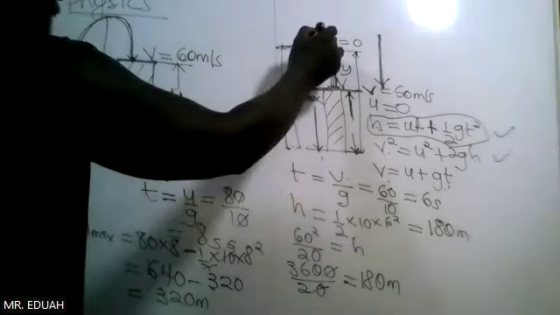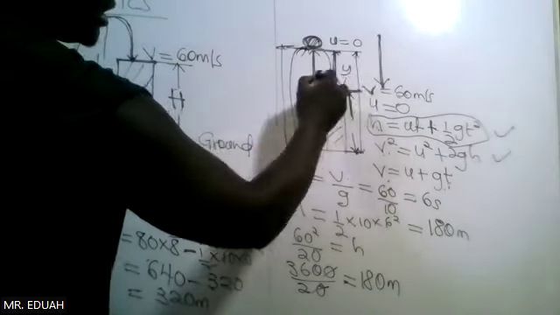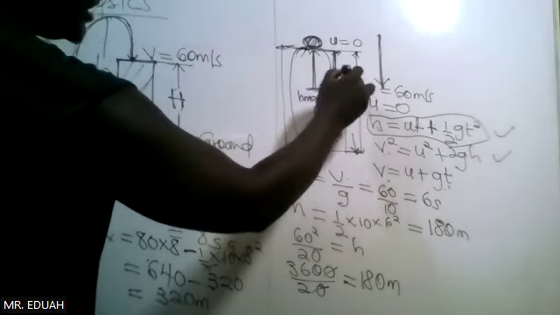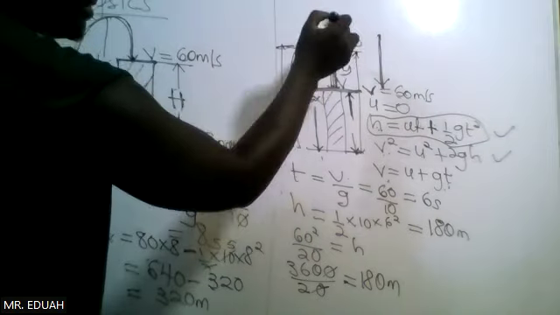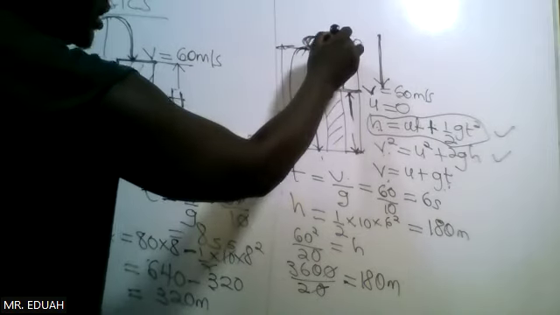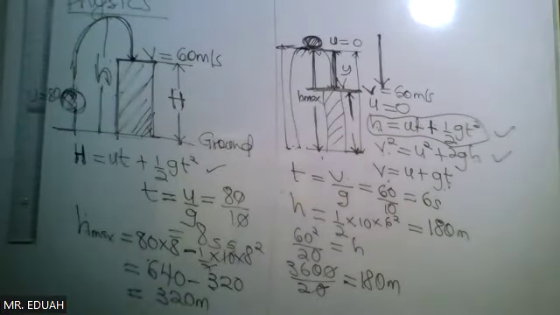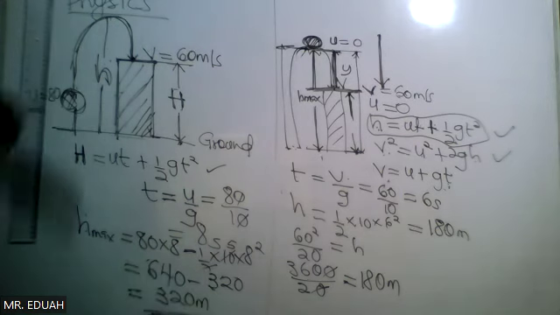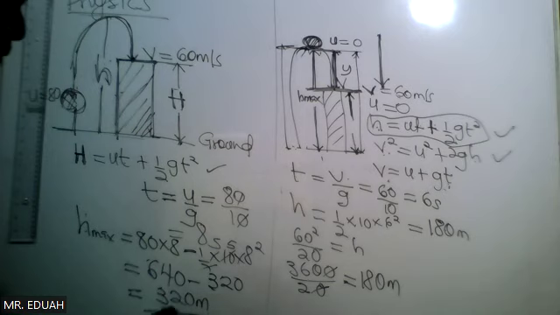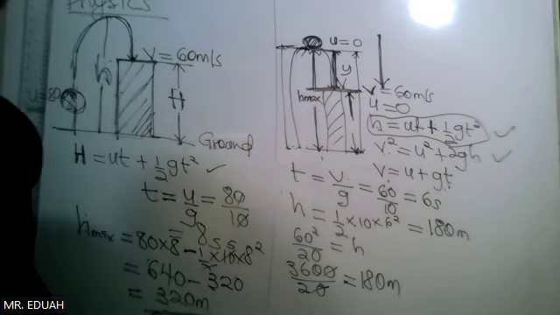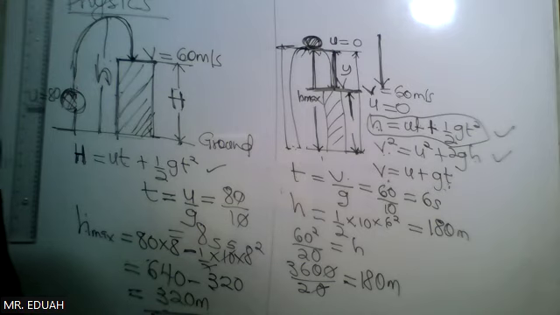If it is falling from the maximum height and landing on the top of the building, and the distance from the maximum height to the top of the building is 180, how do you get the height of the building itself to be 960? The whole height from where it reached to the ground is 320, so it should be 320 minus 180.